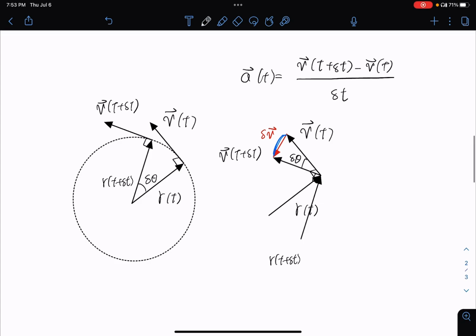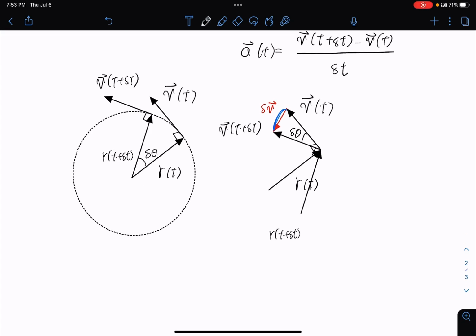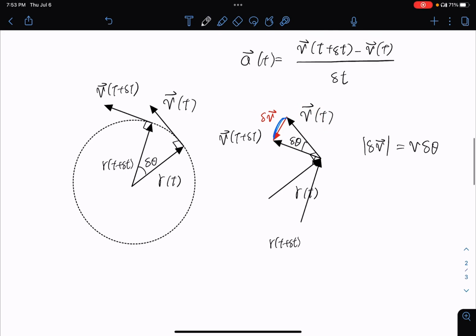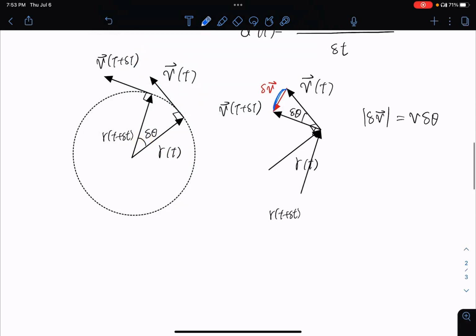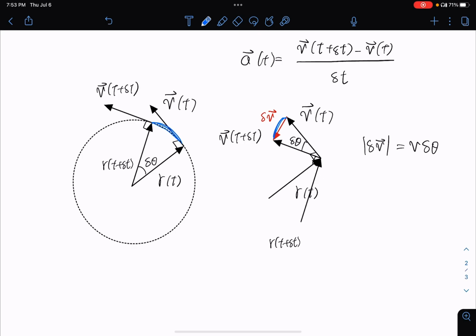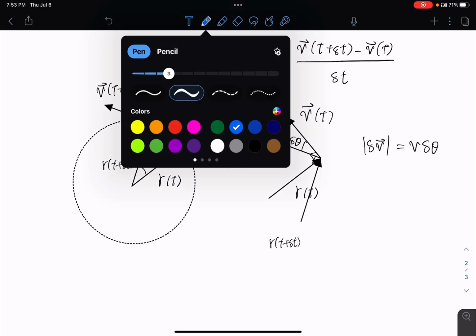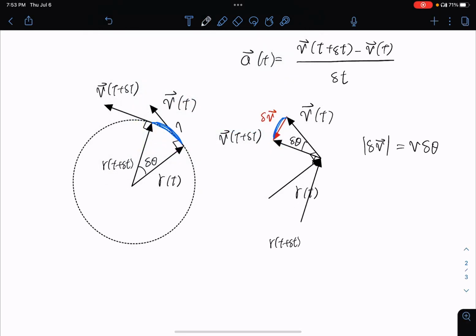Therefore, if I want the magnitude of delta v, I will just use the radius in this case, which is going to be the magnitude of velocity, which is the speed, times delta theta. Now, after some time delta t, the arc length here should be equal to the speed times the time that has passed.